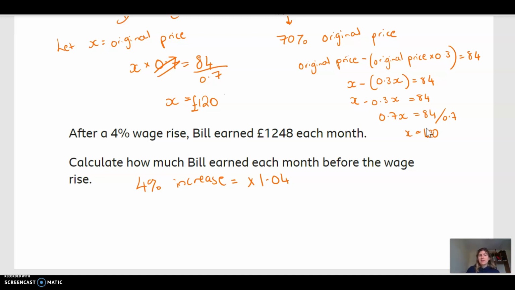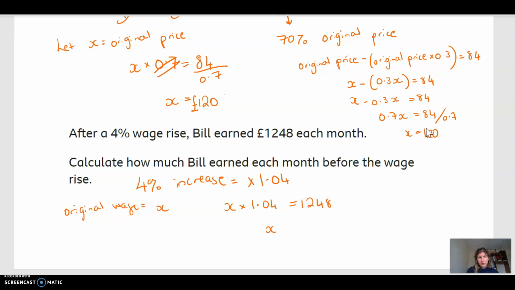So after he's had that wage increase, he earns £1,248 every month. So I'm going to let his original wage equal X. So X times 1.04, an increase of 4%, equals 1248.